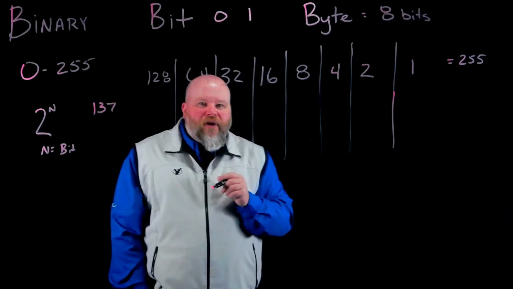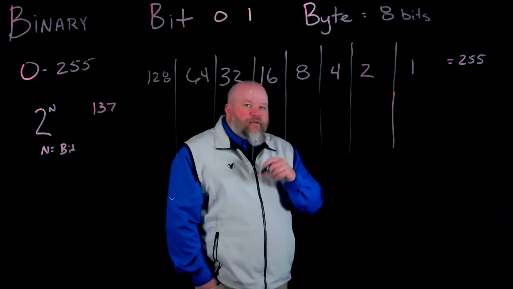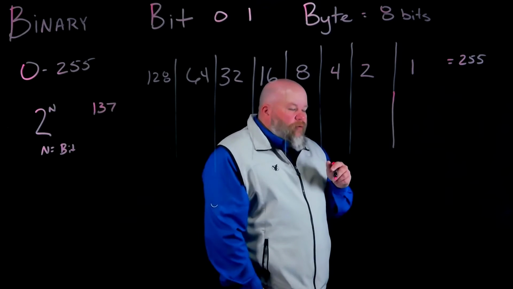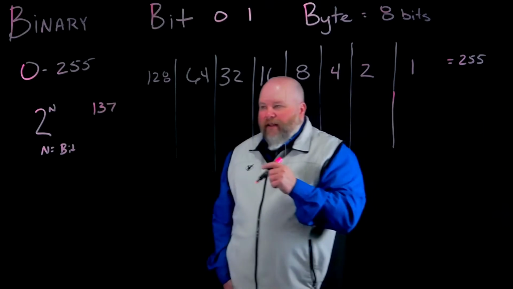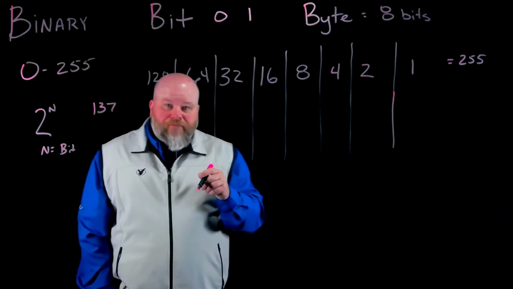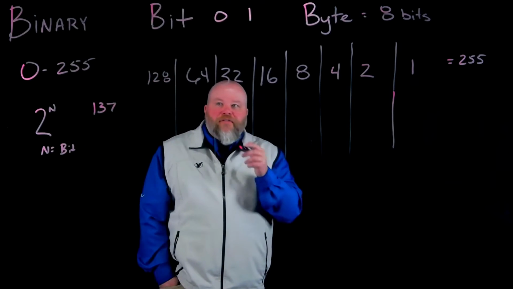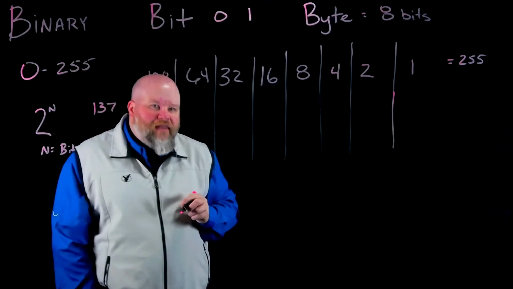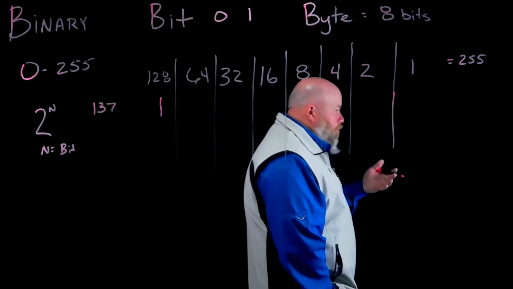Can we subtract 128 from 137 and have a value at or more greater than 0 remaining? And the answer is yes, we can. Since we can subtract 128 from 137, we're going to turn this bit on, just like that. Because remember, 1 represents on.